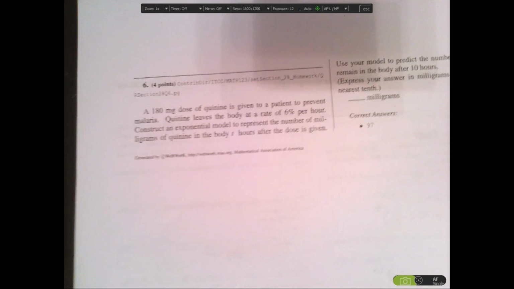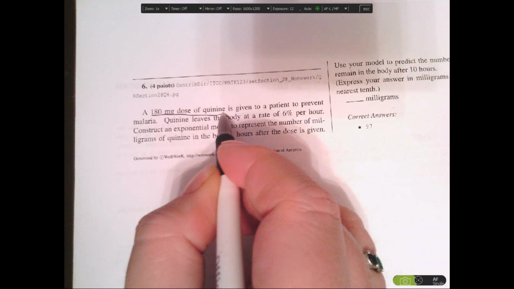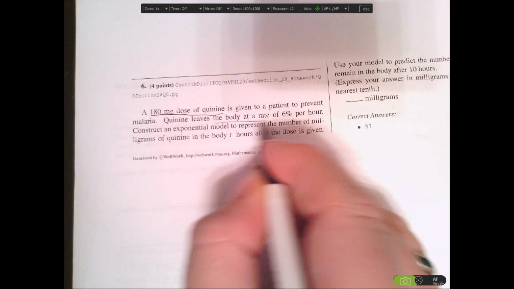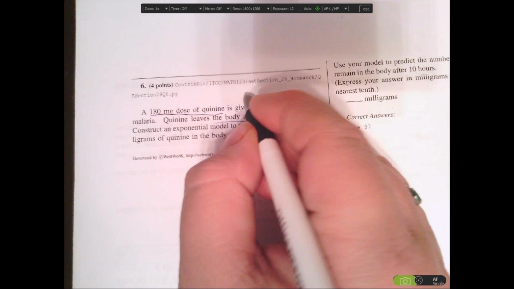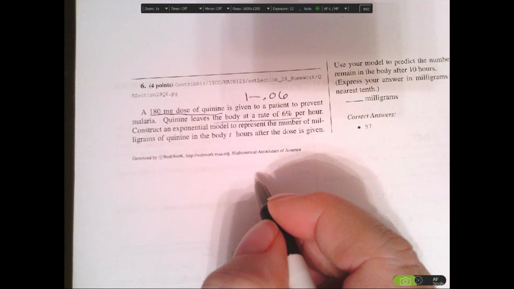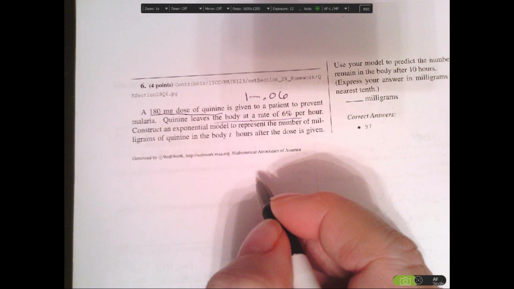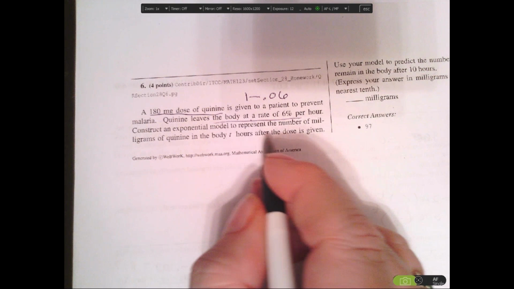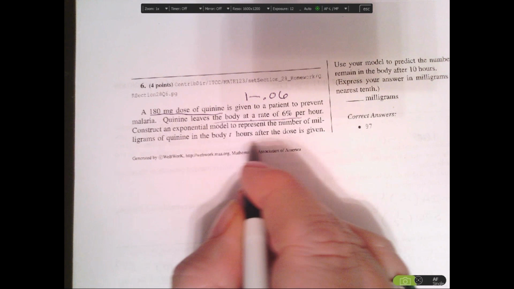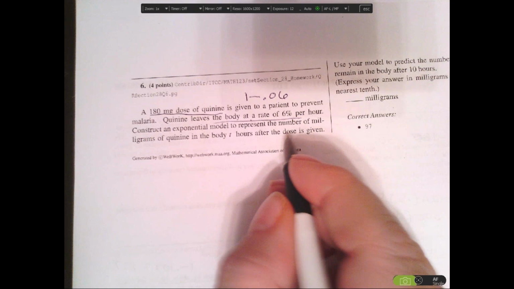The last one here, 180 milligrams is given to a patient. It leaves the body at 6%. So leaving the body would be a decay, 1 minus 0.06. Construct an exponential model to represent the number of milligrams in the body T hours after the dose is given.